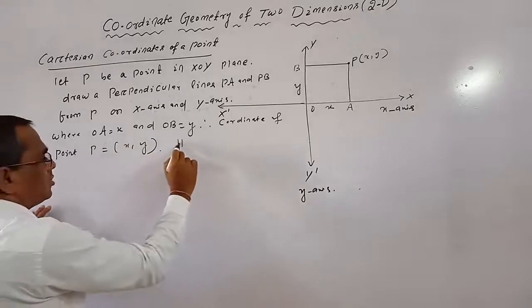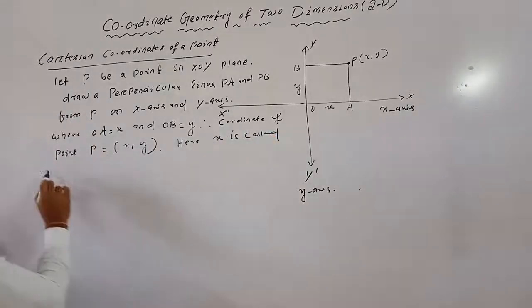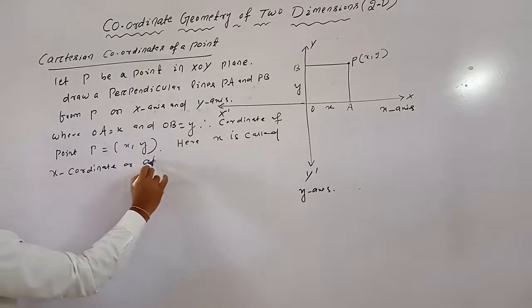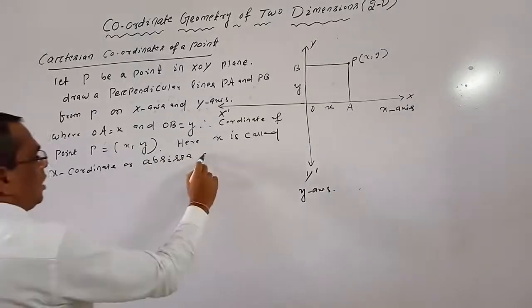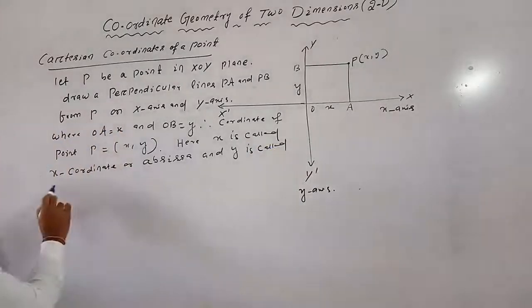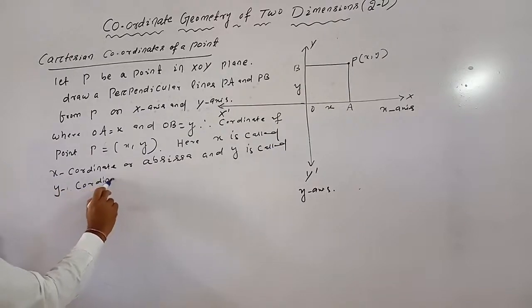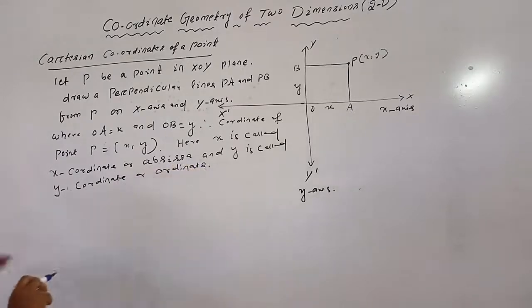Here x is called the x coordinate or abscissa, and y is called the y coordinate or ordinate. So the x coordinate is known as abscissa and the y coordinate is also known as ordinate.